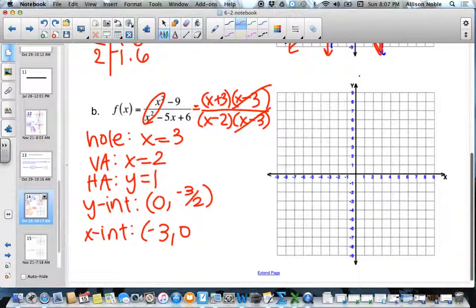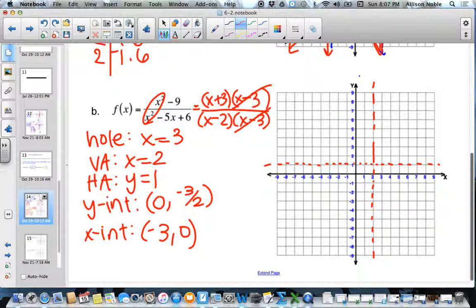So I'm going to go ahead and graph this. I have a vertical asymptote at x equals 2, horizontal at y equals 1, and this one is similar to what we've been looking at.